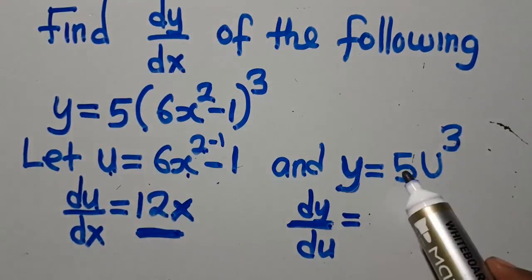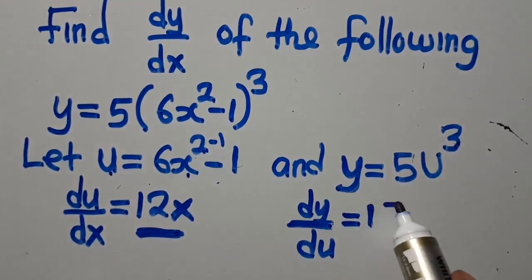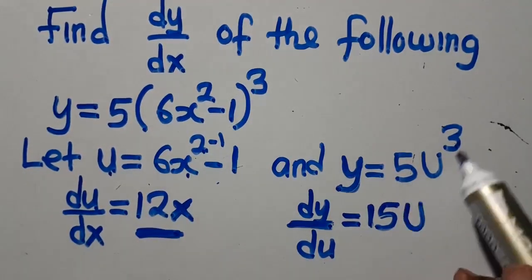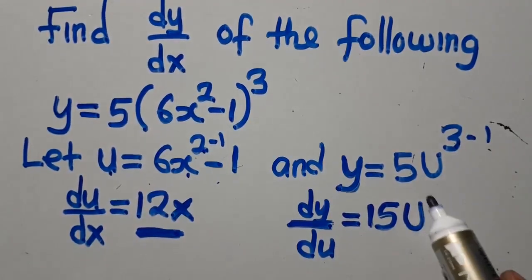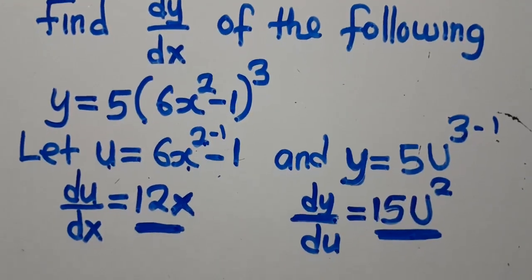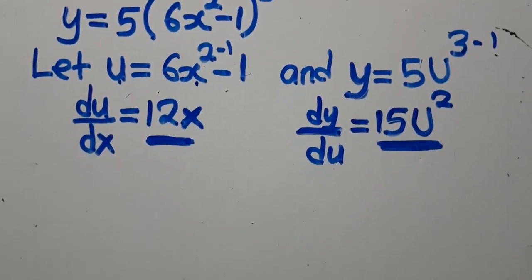This times that, 3 times 5, that is 15. Then you've got u there, 3 minus 1, it becomes 2. This is your answer. Here, I'm not going to write that formula. I've already given you that formula. So you know that you just multiply these two.